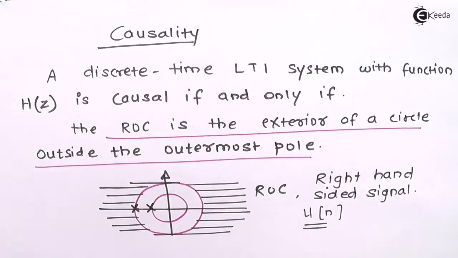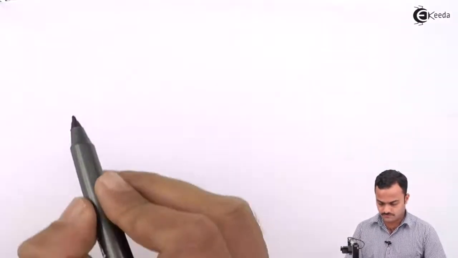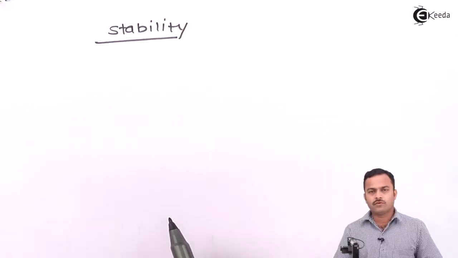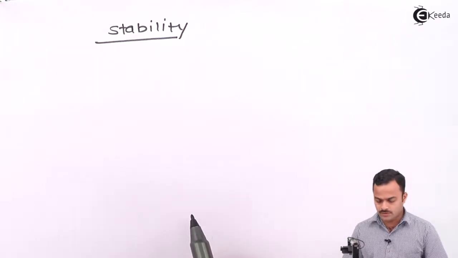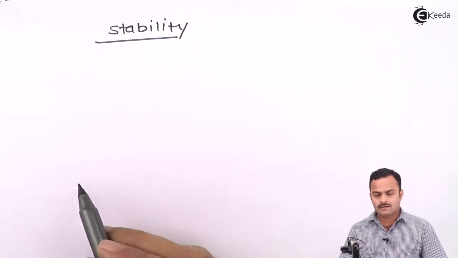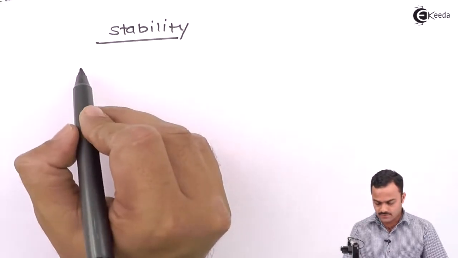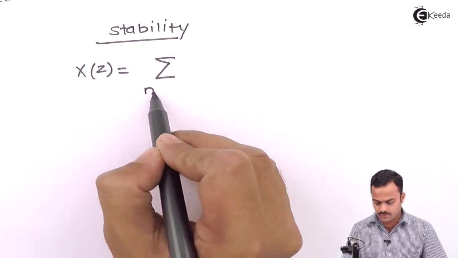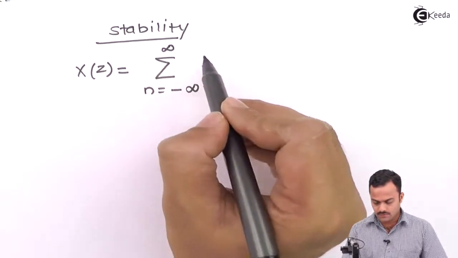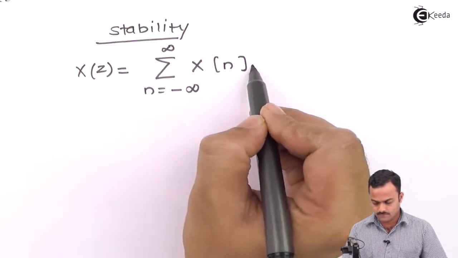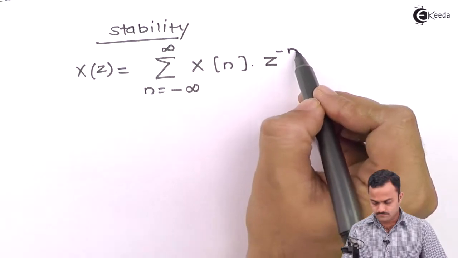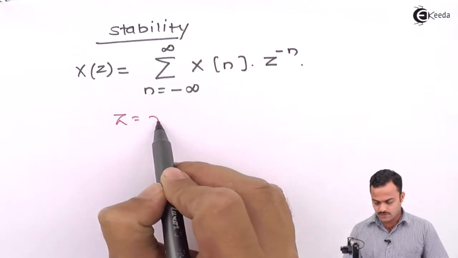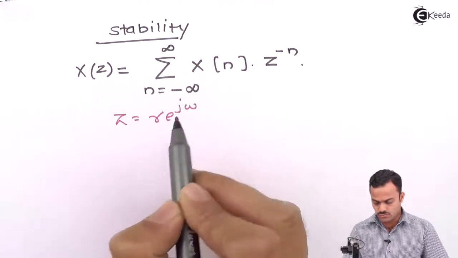Let's go for stability. As per the definition, for any bounded input we should get a bounded output. But as far as Z transform is concerned, let's check with a formula first. So X of z is a Z transform of x of n obtained with this formula. And we know this z is a complex number which is nothing but r e raised to j omega.